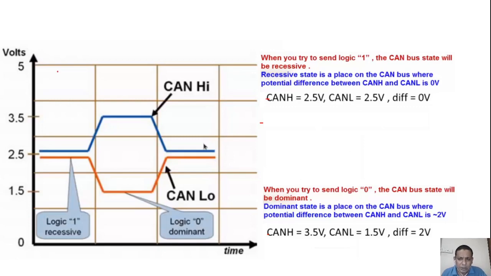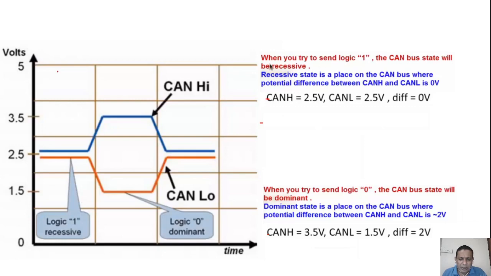So when you are sending a logic 1, both CAN buses will have equal voltages, that is, it can be 2.5 volt here. Both CAN high as well as CAN low will have 2.5 volt, and the difference is 0. So this is known as recessive mode.